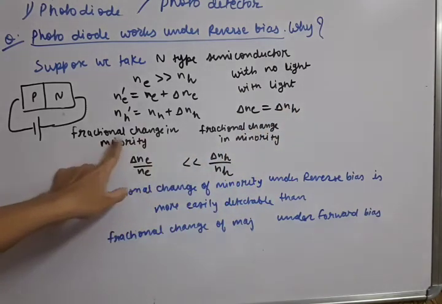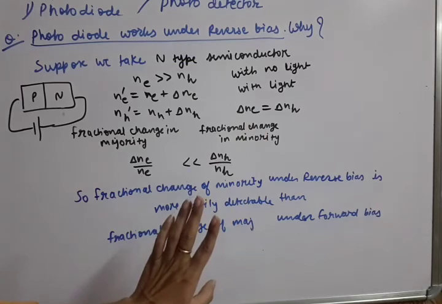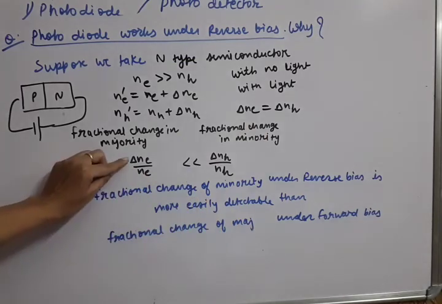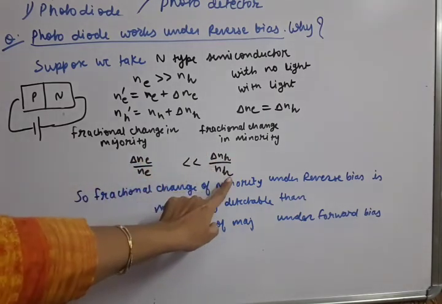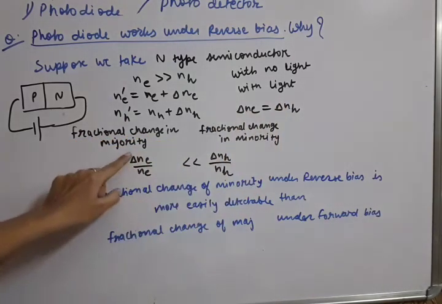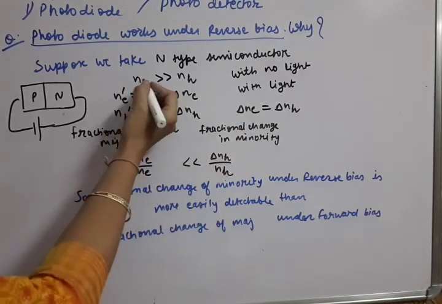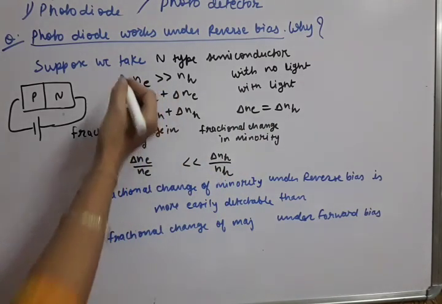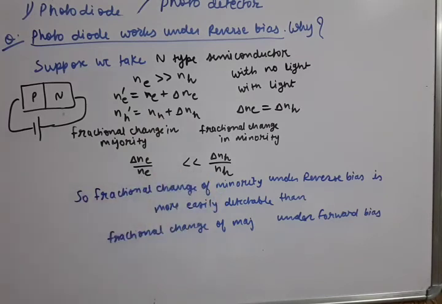Okay, so if we calculate the fractional change in majority and the fractional change in minority, where majority means electrons, that is delta Ne upon Ne and delta Nh upon Nh. Now you see the numerators are the same, the deltas are the same. Now in the denominators, Ne is greater, so Ne in the denominator makes it smaller.